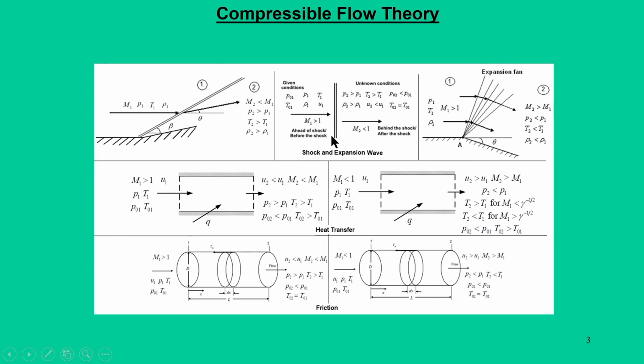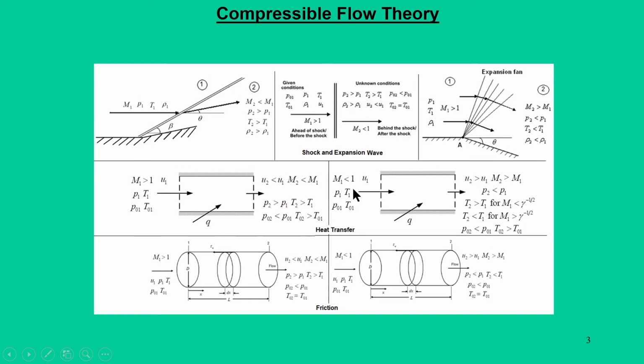Then we moved to another application, compressible flow involving heat addition and heat rejection. When heat is added in a one dimensional duct, and the initial condition of this flow is supersonic, obviously there is a change in the density and also different flow conditions can be achieved on the downstream side.